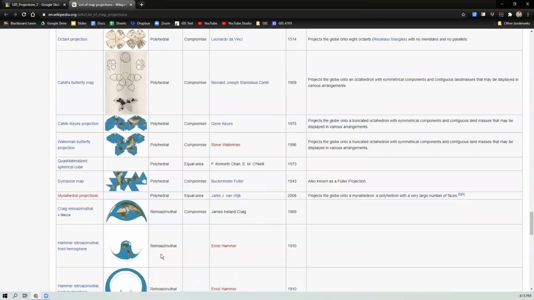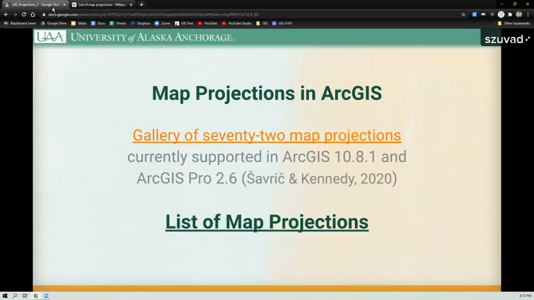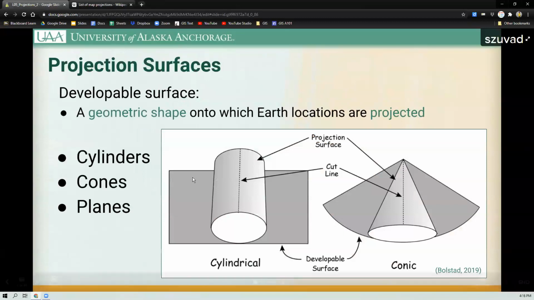There's a lot of interesting stuff that goes on out there in GIS science or survey geomatics. So we start off with a developable surface and we project onto that surface.